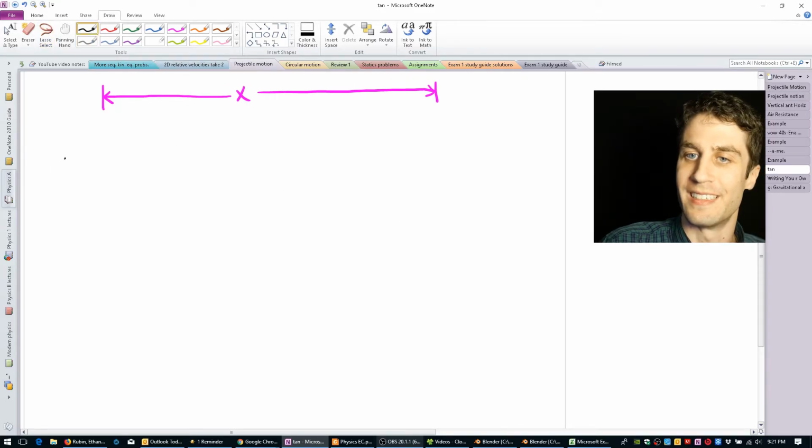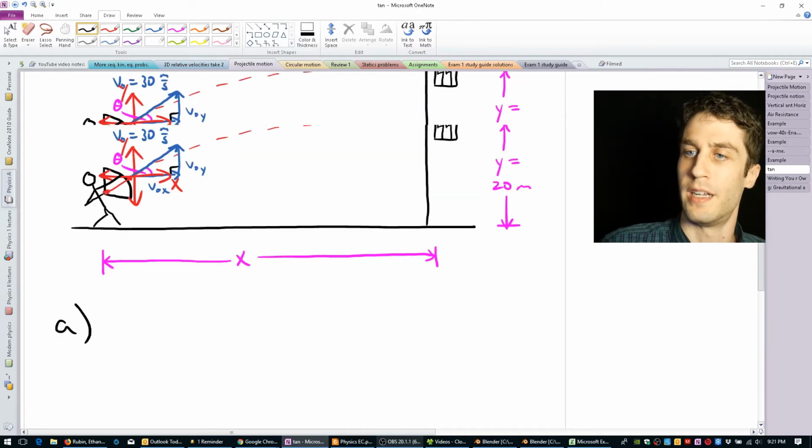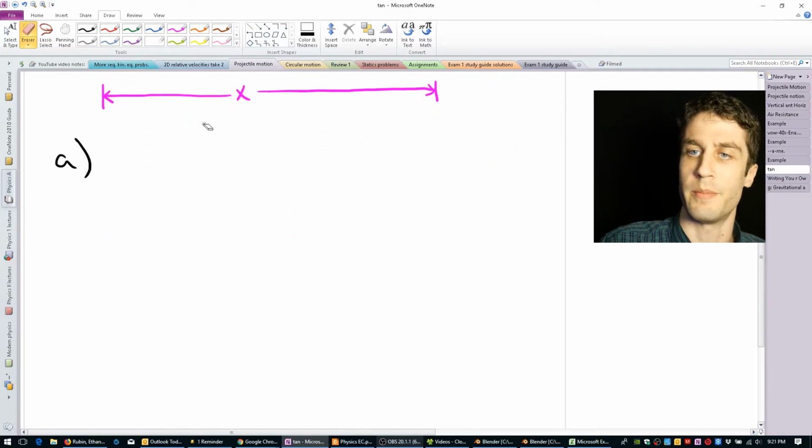Part A. Part A asked, at what angle should he fire it? What we'll first need is the y component of the velocity of this arrow. So let's use a kinematic equation that involves y, because we know how high up it must go, 20 meters. V naught y, which we would like to solve for, and g, which is 9.8 meters per second squared.